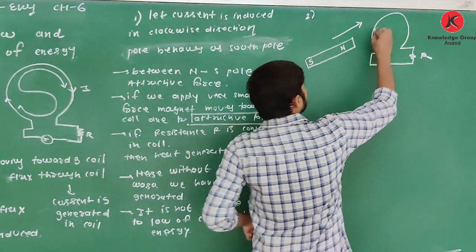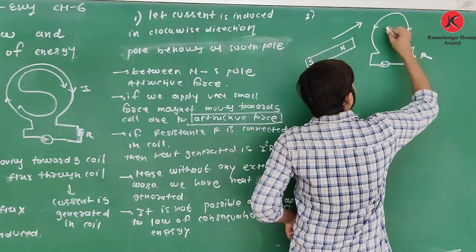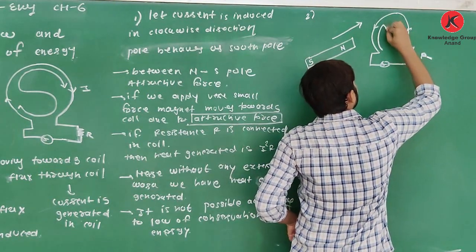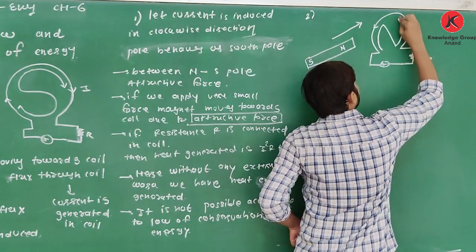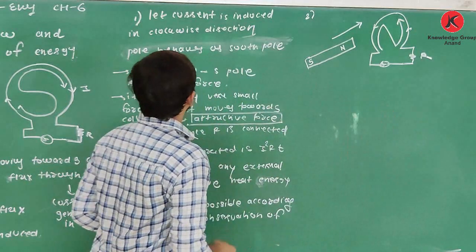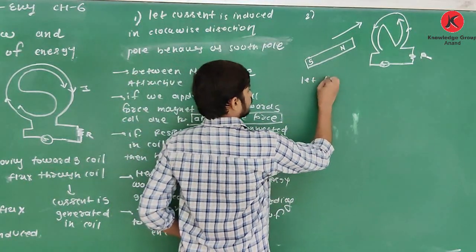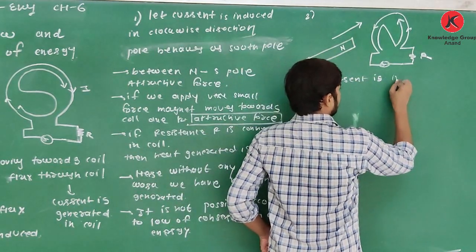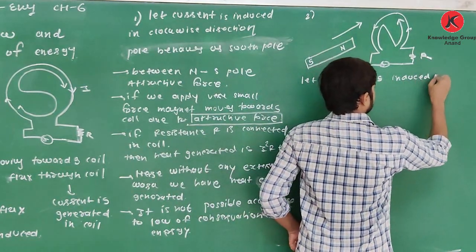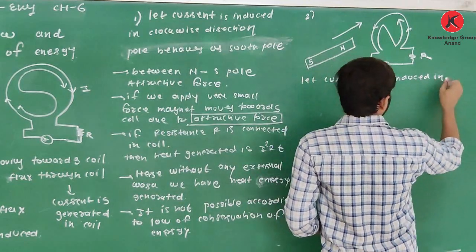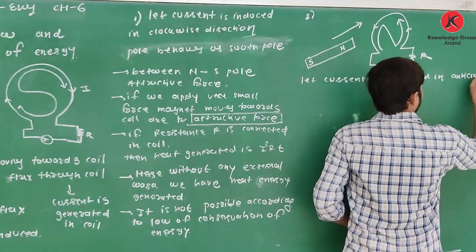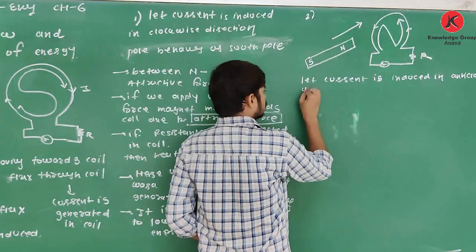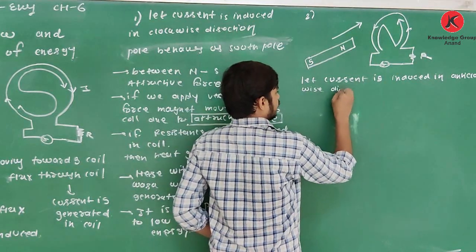Now we raise the alternative: current is induced in the anti-clockwise direction, like this. We know that it behaves as a north pole. So let the current be induced in the anti-clockwise direction.